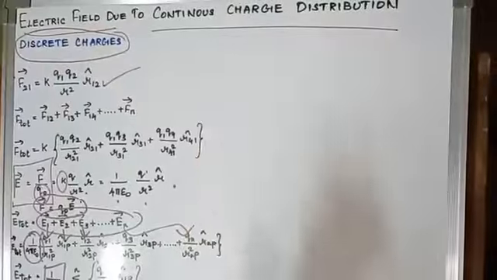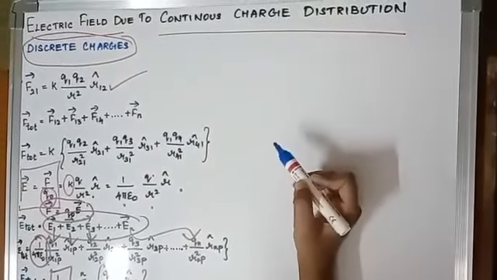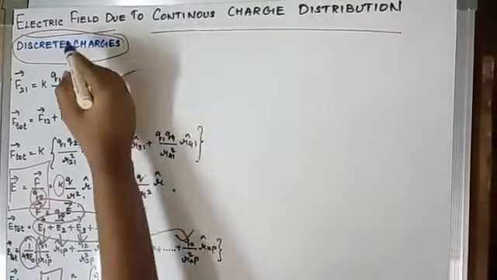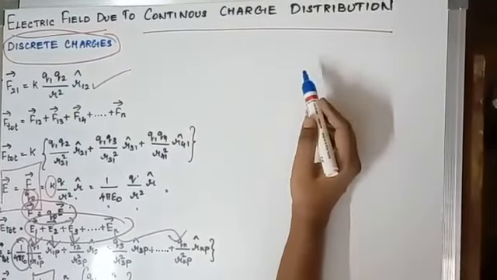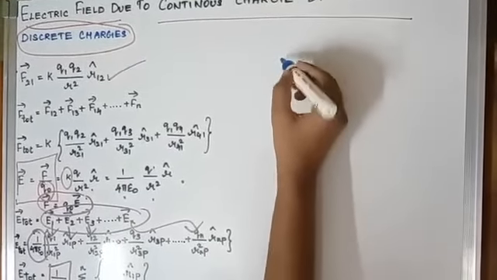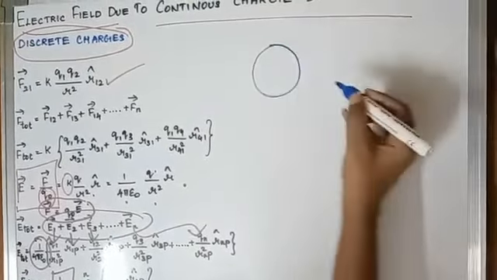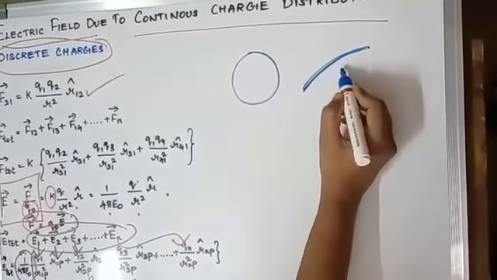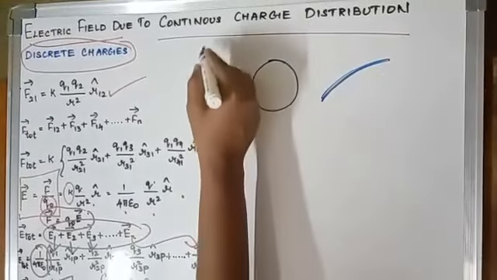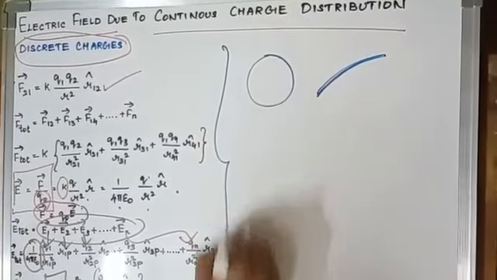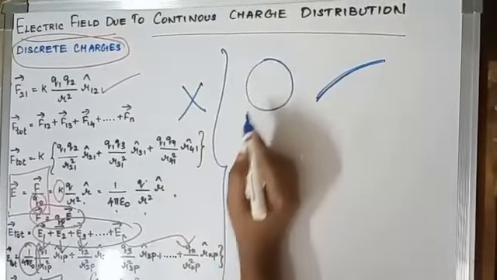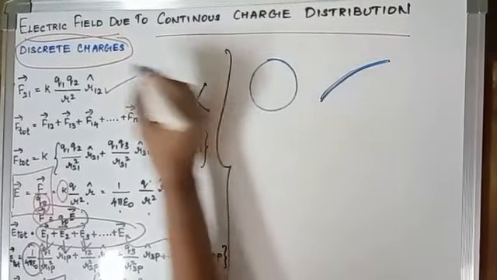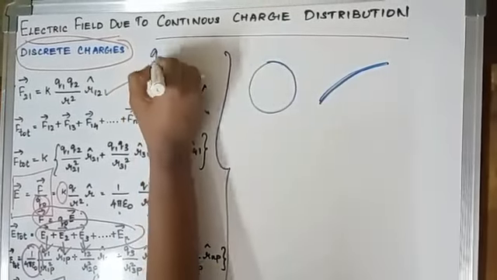Now we will see how to calculate the electric field due to continuous charge distribution. Let us assume a charged body, like a charged sphere or a charged wire. When I take a charged sphere or charged wire, I can't apply any of these discrete charge formulas, because in discrete charges I have two charges like Q1, Q2.